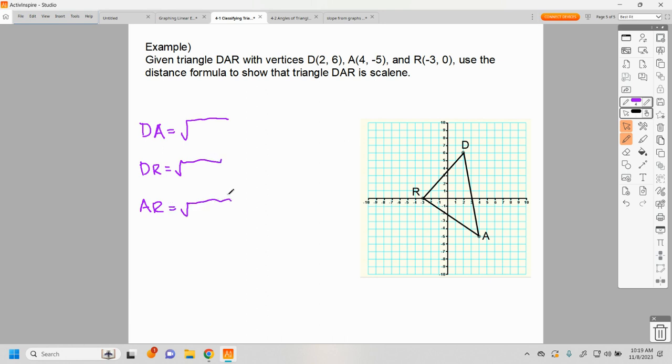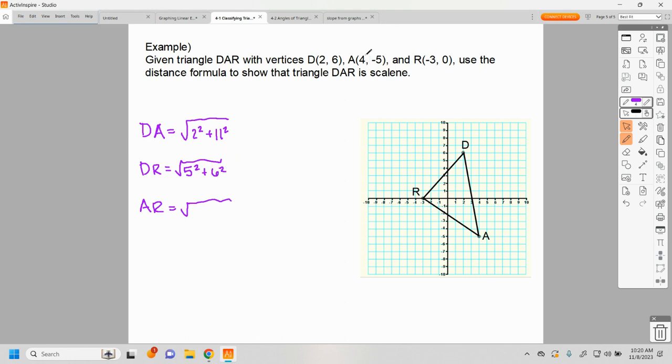From D to A, 2 to 4, my change is 2, so that's going to be 2 squared plus 6 to negative 5. Oh, my change is 11, so that's going to be 11 squared. D to R, 2 to negative 3 is going to be 5 squared, plus 6 to 0 is going to be 6 squared.